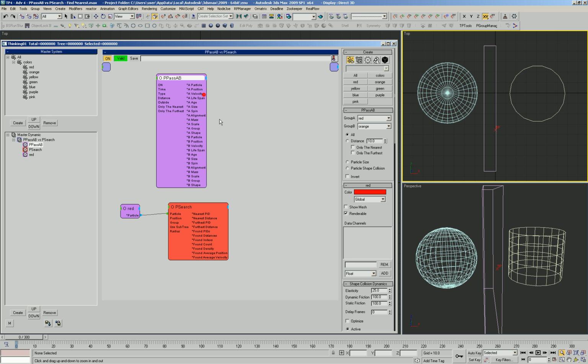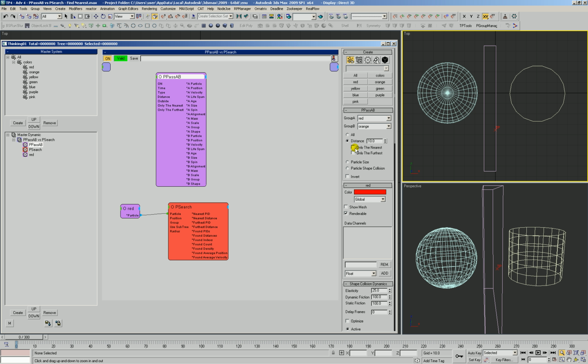Not just fire and be true, but it'll actually feed out its information. If we set the distance to 10, then of course that red particle, which is within 10 units of an orange particle, is going to fire, and then coming out of the B particle group, for group B there, this orange particle which is within that 10 units is also going to fire and send out its info.